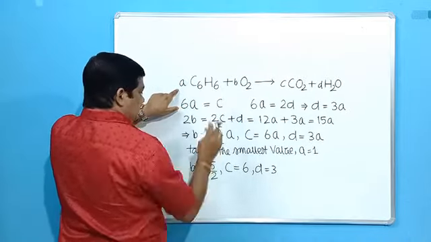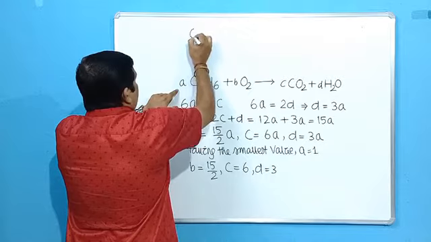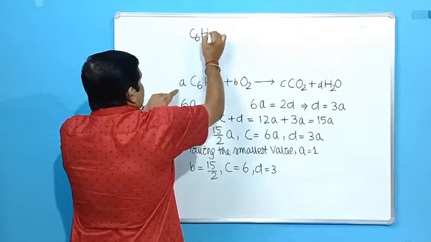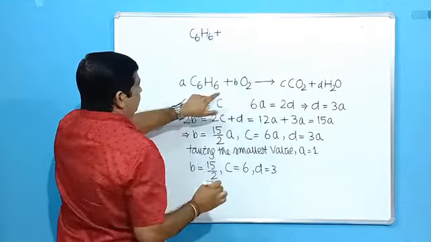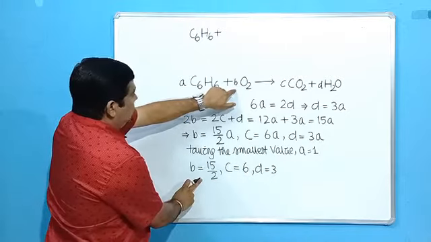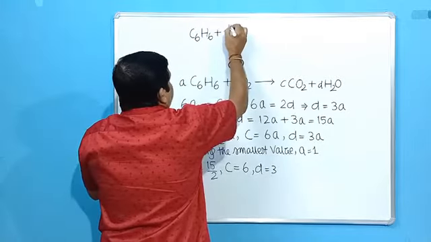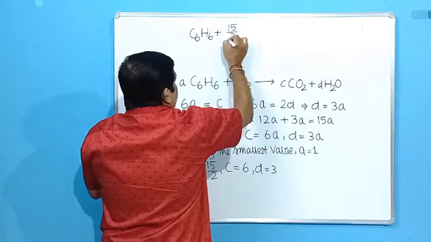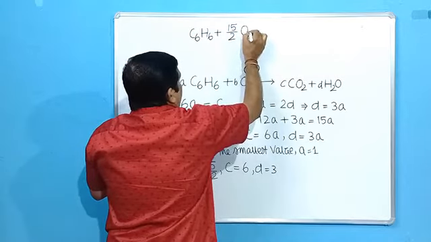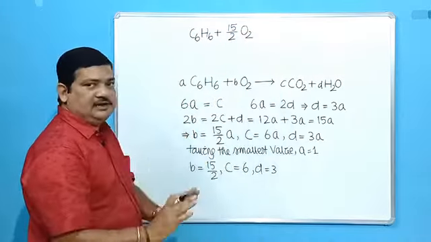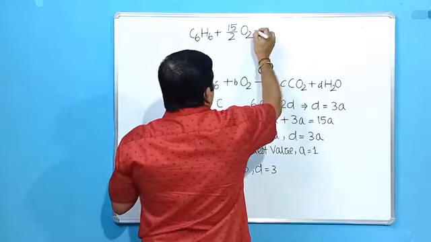If A is 1, we have C6H6 plus B. What is the value of B? Now 15 by 2. 15 by 2 O2.